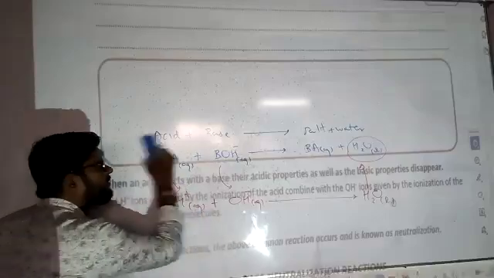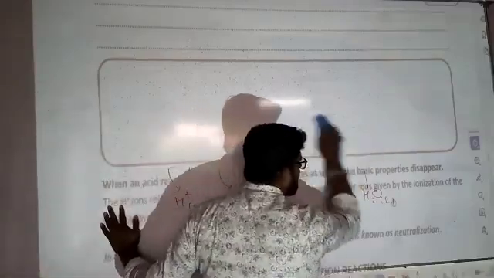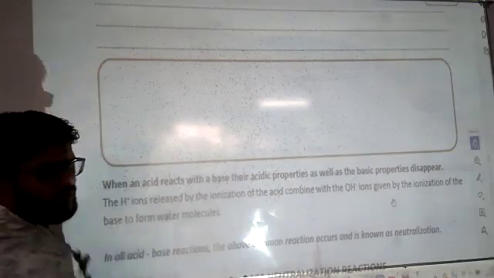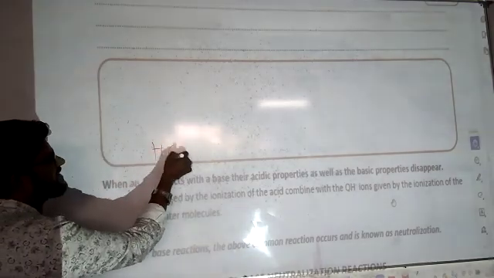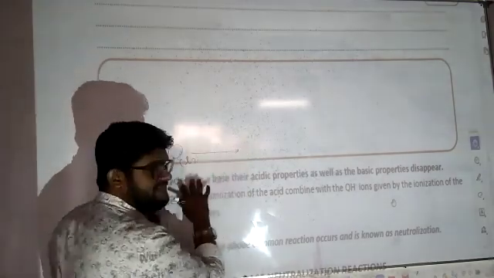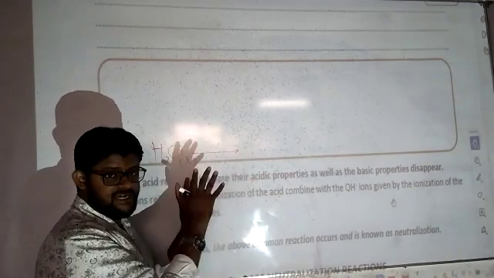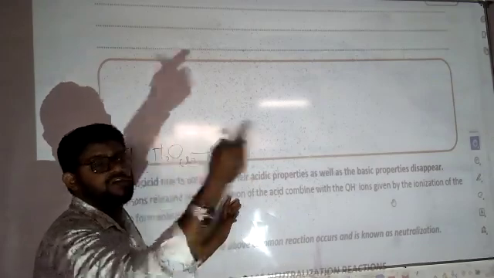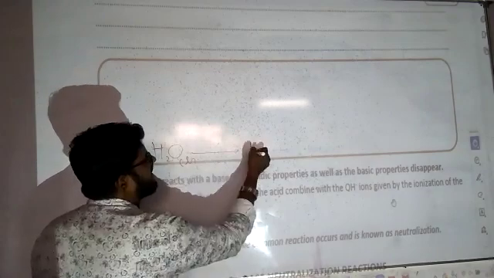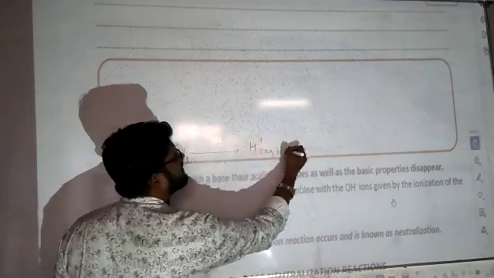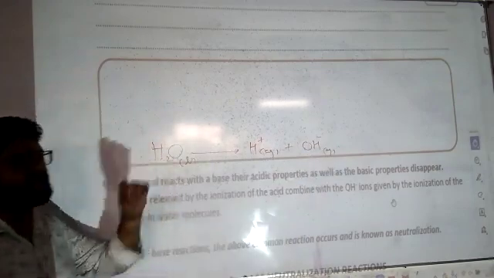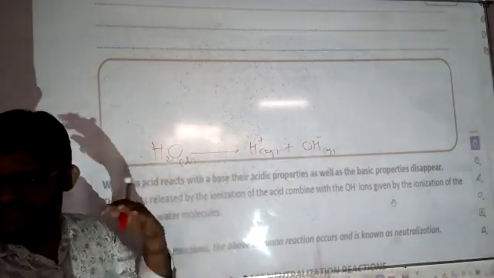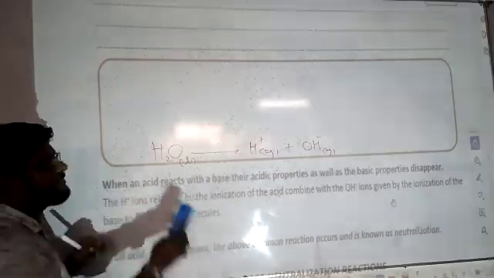Even when the question asks you how a water molecule exists, you have to write like this: H2O exists as H plus and OH minus, these two should be equal. This is not neutralization. The question is how a water molecule exists.